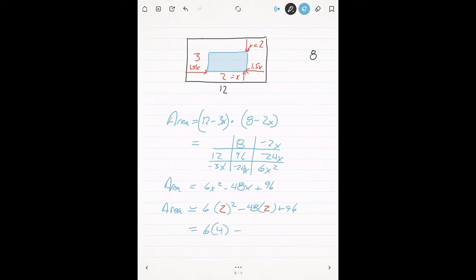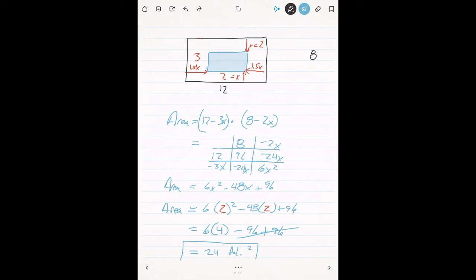Minus, well, let's see, 48 times 2. 40 and 40 is 80. 8 and 8 is 16. So 80 and 16 should make 96. And then I got to add another 96 to that. So what are we left over with? 6 times 4 is 24. And then negative 96 and positive 96 just cancel out. So we know that the area of that interior rectangle, when you cut out 2 feet from the top, will be 24 square feet.